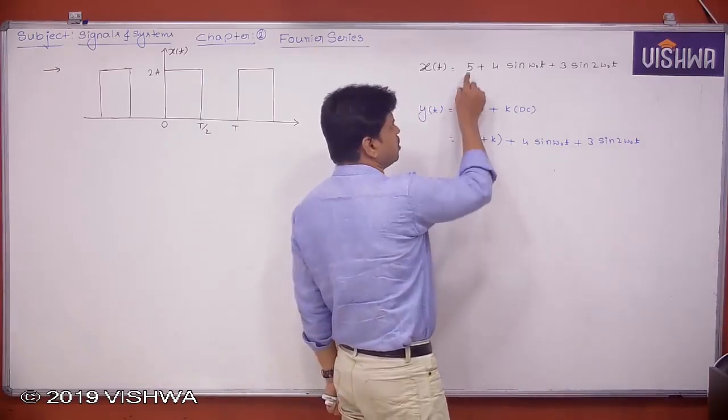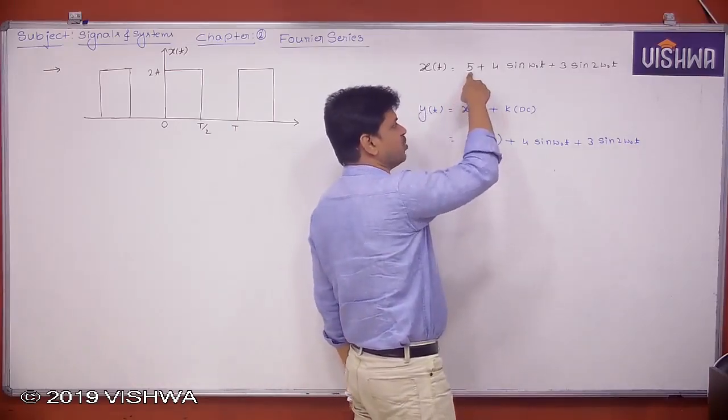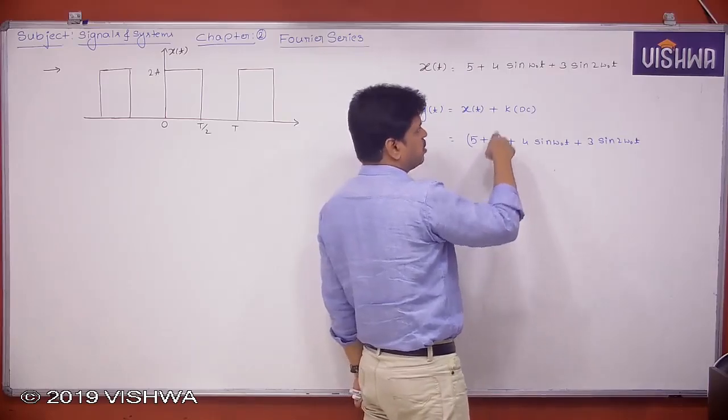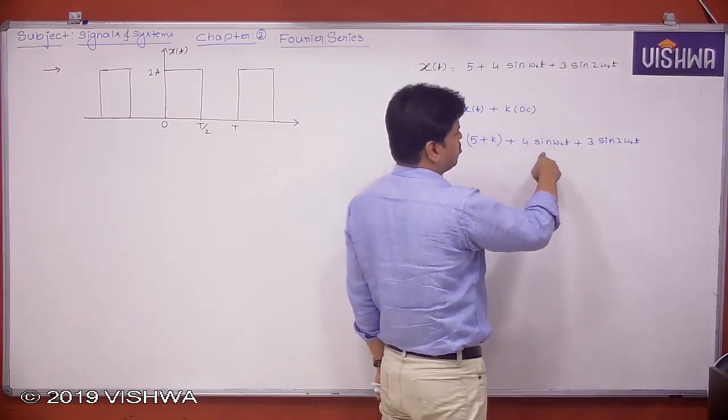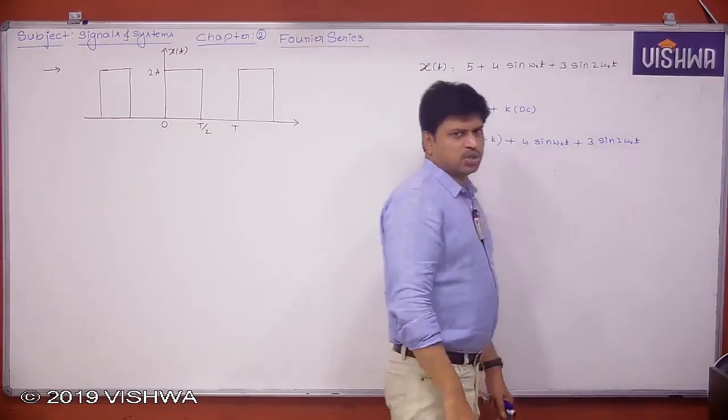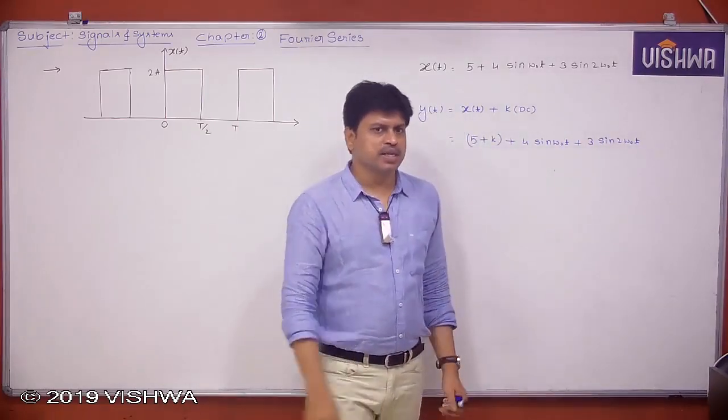Before this, the DC value is 5. What is the DC value here? 5 plus k. First harmonic, no change. Second harmonic, no change.